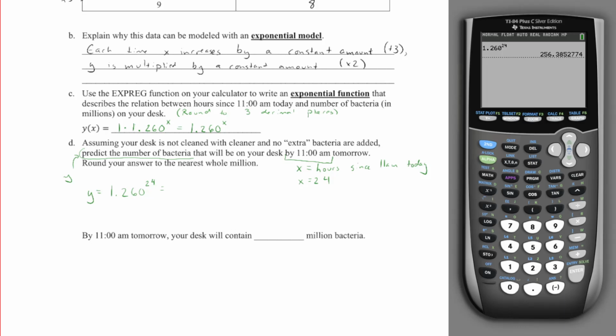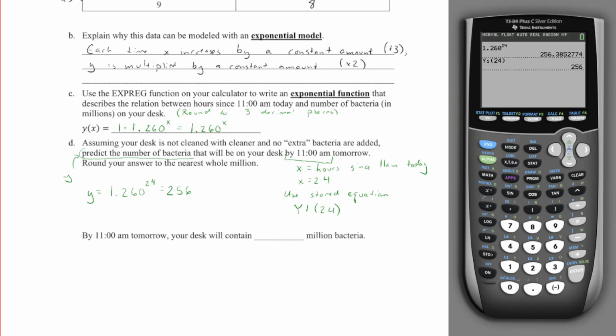That gives us to the nearest whole million 256. Or we can use the stored equation by saying y1 of 24, and that gives us exactly 256.